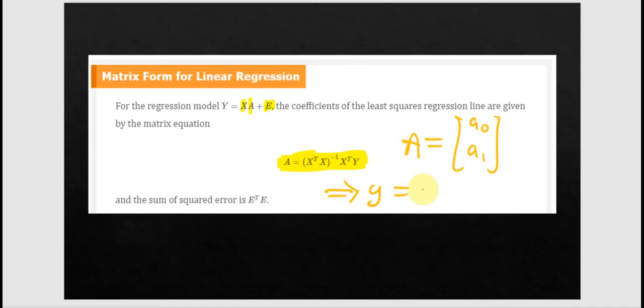Y is equal to a sub 1 times x plus a naught. Well, let's look at this first problem. Pretty neat stuff. I think you'll like it. I think this is really cool.